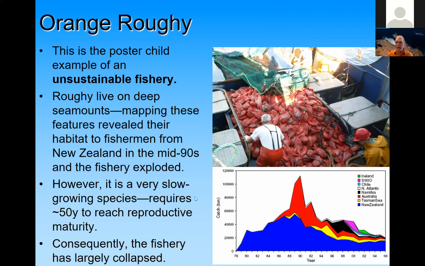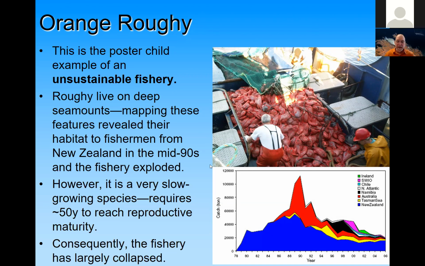And when the fishing operations figured out where these seamounts were, they constructed these special kinds of trawl nets that had big chains and rollers so that they could go over the corals that were on the bottom. And they began catching these orange roughy. Well, initially, the landings were great. They got huge numbers of fish because the populations hadn't been exploited. And so the initial landings were great.